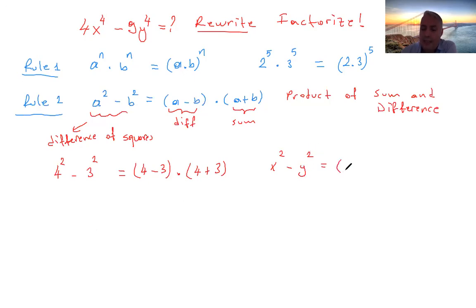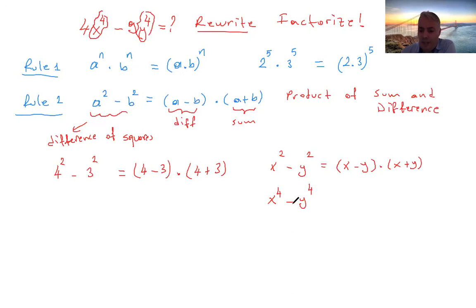So I can say their difference, x minus y, times their sum. That's easy. But whenever you have, for example, x to the power of 4 and y to the power of 4, how can you write it? Which is our question.